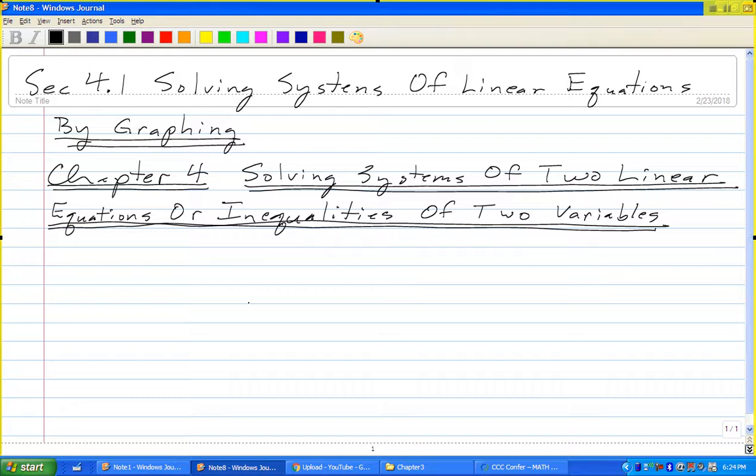So a system of simultaneous linear equations.